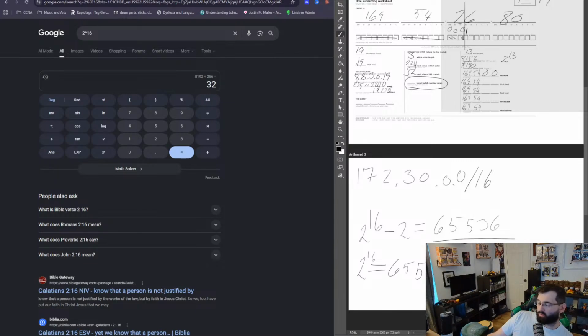Of those 32, only 30 are usable. But according to this it would be 2 to the 9, which would be 256, which would give us the block size. So that would give us the amount of subnets that we need, but it's not going to give us the amount of addresses that we need.